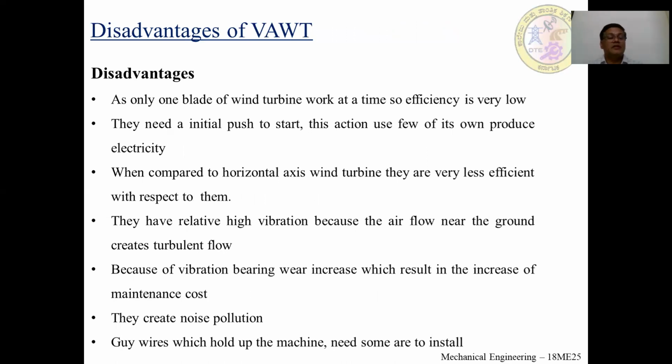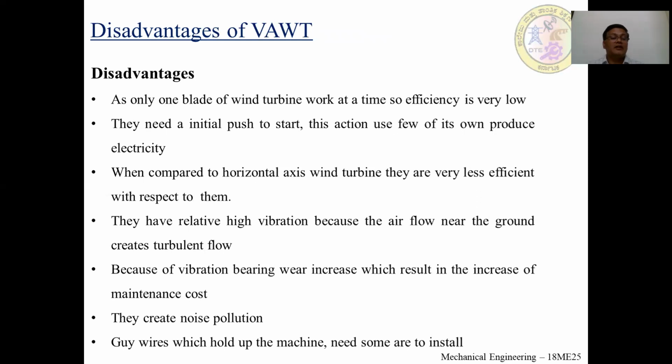So coming to disadvantages. The first disadvantage of the vertical axis wind turbine is that only one blade of the wind turbine works at a time, so efficiency is low. The number of blades we are using, with different geometry, also impacts power generation. So here you can use only one blade, and because of that, the efficiency is also less.